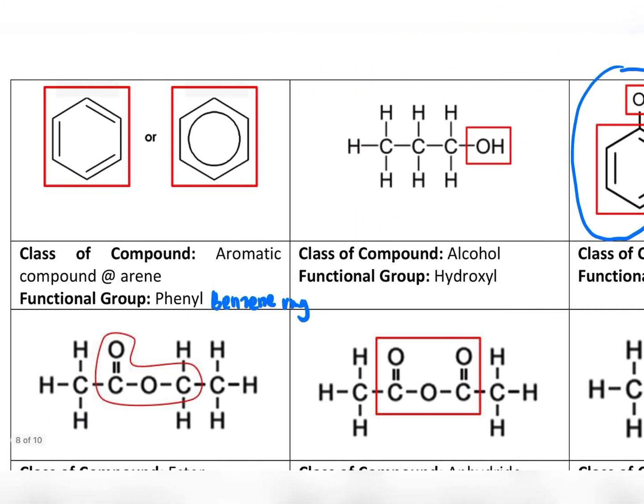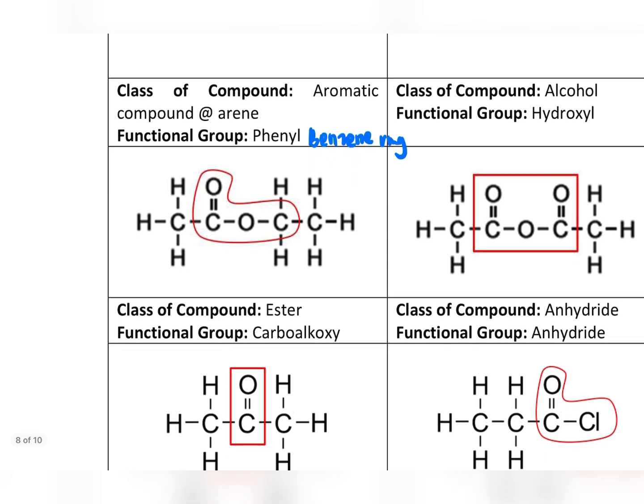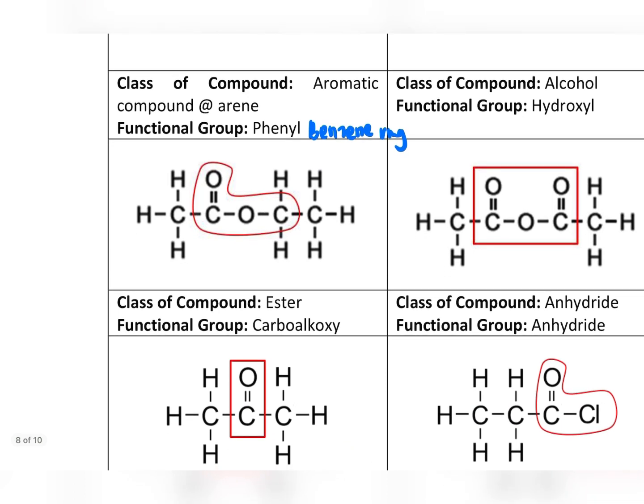Okay, and then next one, this structure here. Okay, so ini dia ada C double bond O juga, tapi dia ada O and then that O attach dengan carbon, lain dengan carboxylic acid tadi. Carboxylic acid tadi C double bond O attach dengan H. Okay, so next time kalau kamu jumpa O ni, dia tak attach dengan H, tapi dia attach dengan another carbon dan adalah lagi structure lain kat sini.